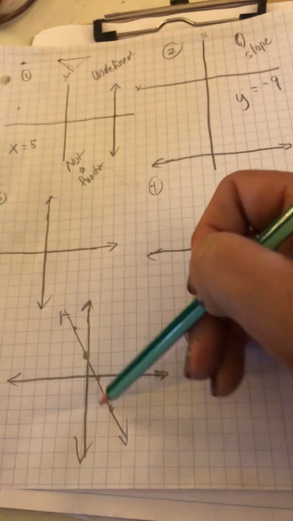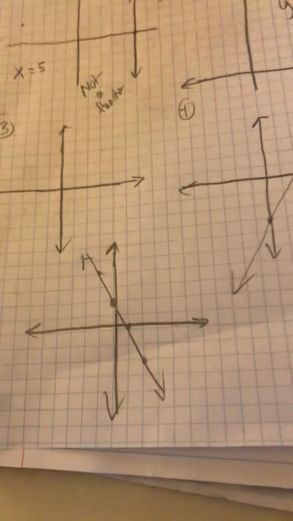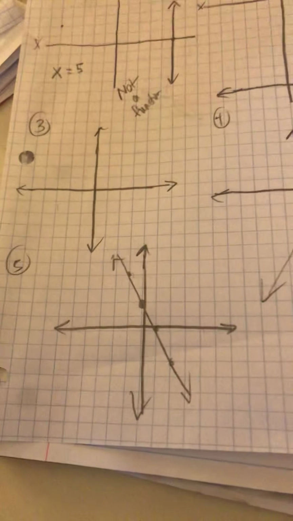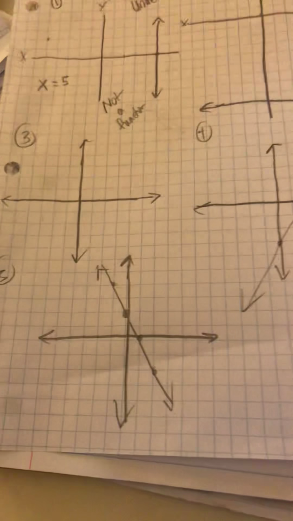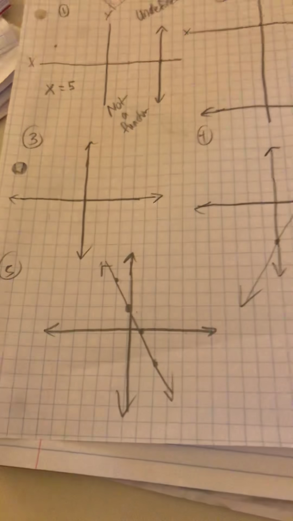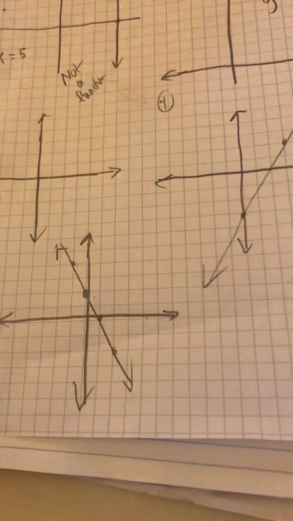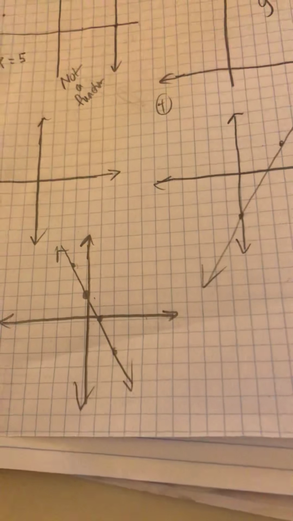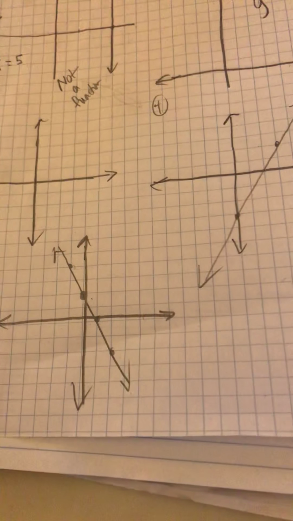my slope is definitely negative. And so what's the y-intercept, Towson? Positive 2. And what would be my slope? Negative 2. That's right.